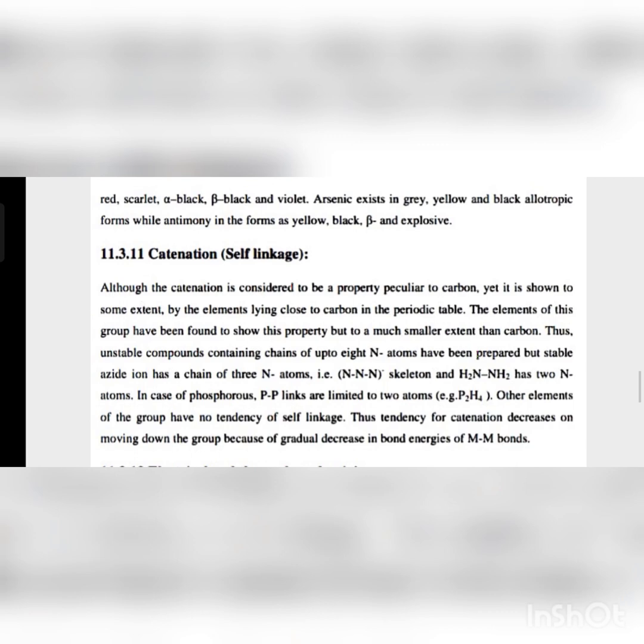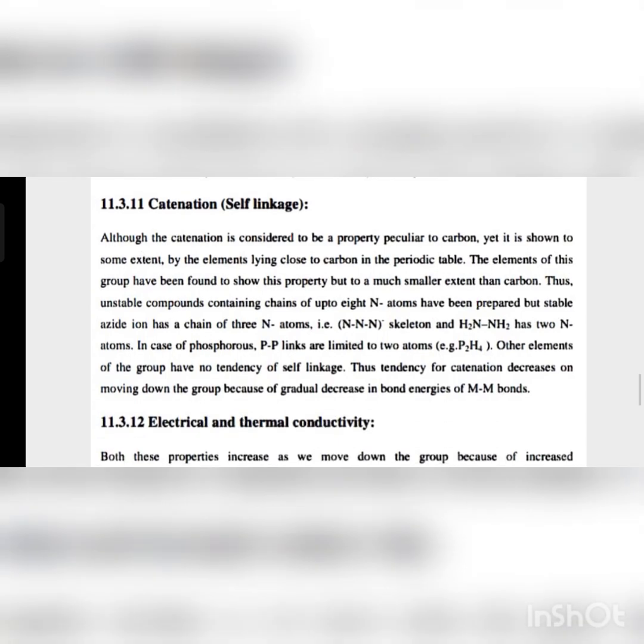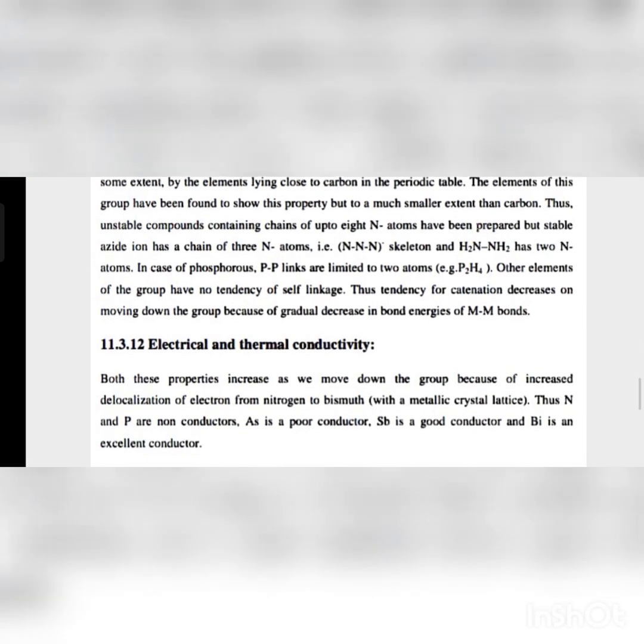In the case of phosphorus, p-p bond links are limited to 2 atoms. Other elements of the group have no tendency of self-linkage. Thus, the tendency of catenation decreases on moving down the group because of a gradual decrease in bond energies of metal-metal bonds.